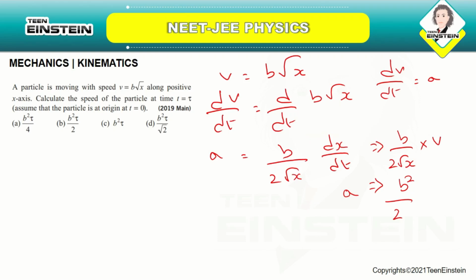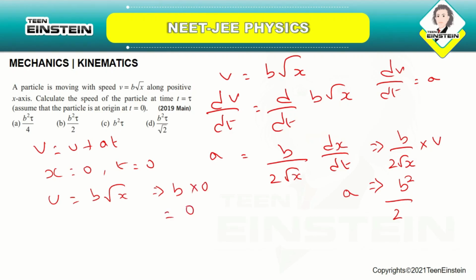As acceleration is constant, we can use v is equal to u plus at. Now, it is given that x equal to 0 and t is equal to 0. So the initial speed of the particle u will be equal to b root of x, which is equal to b into 0, and it is 0.